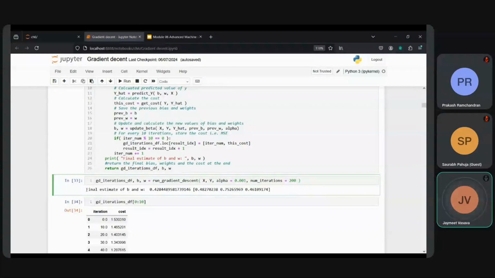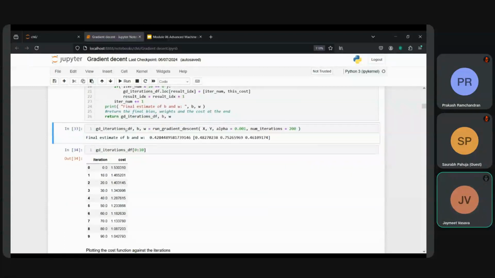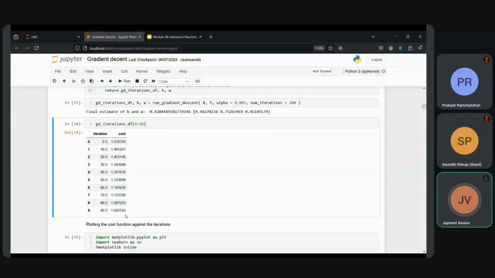The final estimates for bias and weights that we got were 0.42, and the weights were these for TV, radio, and newspaper. We saved those values in the gradient iteration DF. So these are the values as per the iterations.